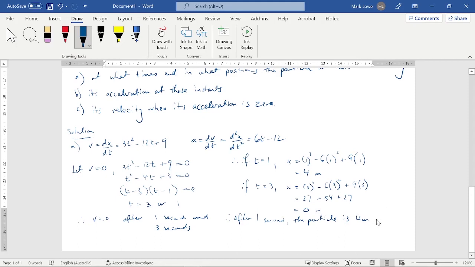So 4 meters to the right of the origin, or of O. We could use the word origin as well. After 3 seconds, it is at the origin.